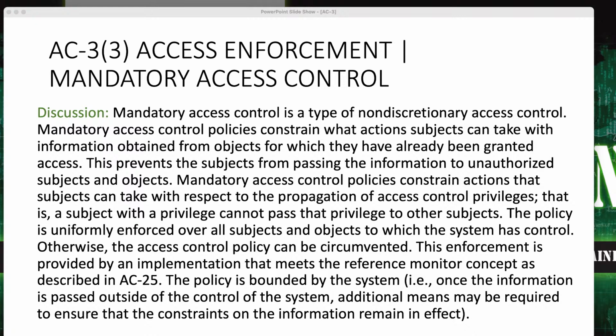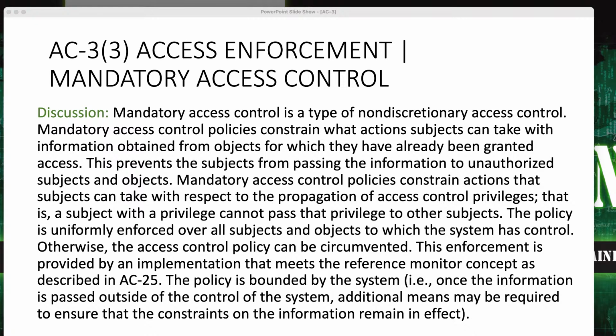Mandatory access control policies constrain actions that subjects can take with respect to the propagation of access control privilege. That is, a subject with a privilege cannot pass that privilege on to other subjects. The policy is uniformly enforced over all subjects and objects within the system to which the system has control. Otherwise, the access policy can be circumvented.